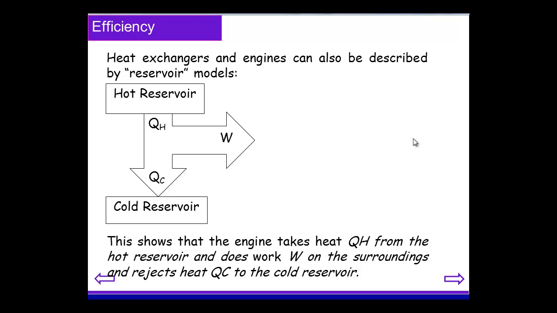Efficiency. If we think about the efficiency of lots of power stations, it can sometimes be useful to think about it just by looking at the amount of energy which is usefully converted.